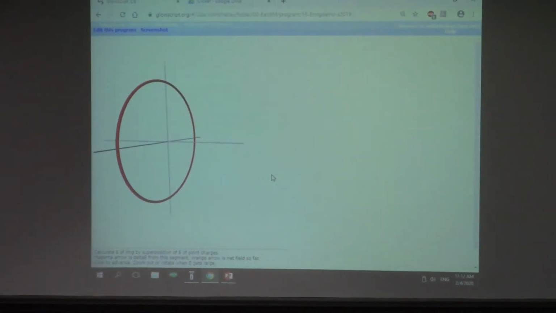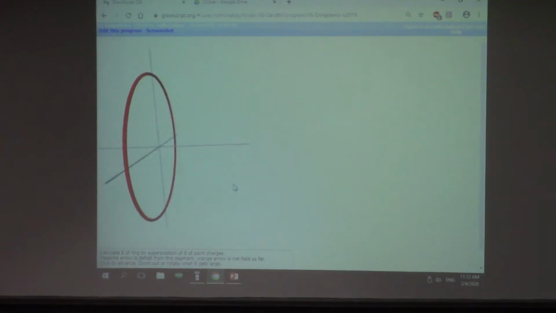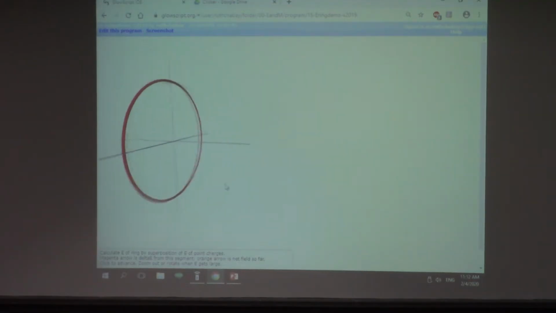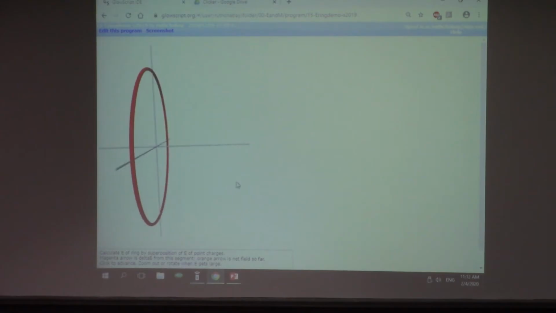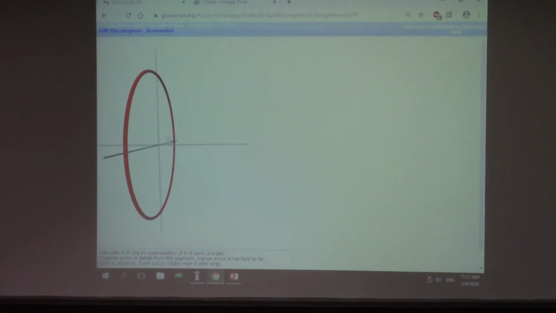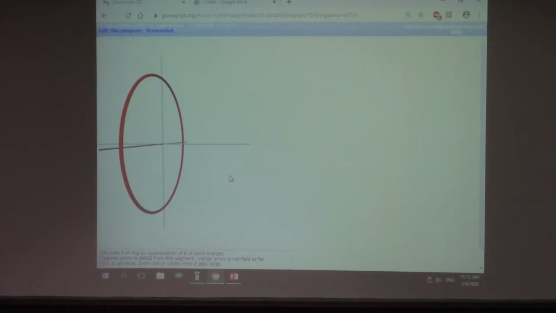So here's a ring, and the axis of the ring here is actually, let's put the ring in the XY plane so that the axis coming out is Z, because that's more like cylindrical coordinates, which makes some sense. So we'll call the axis the Z axis.